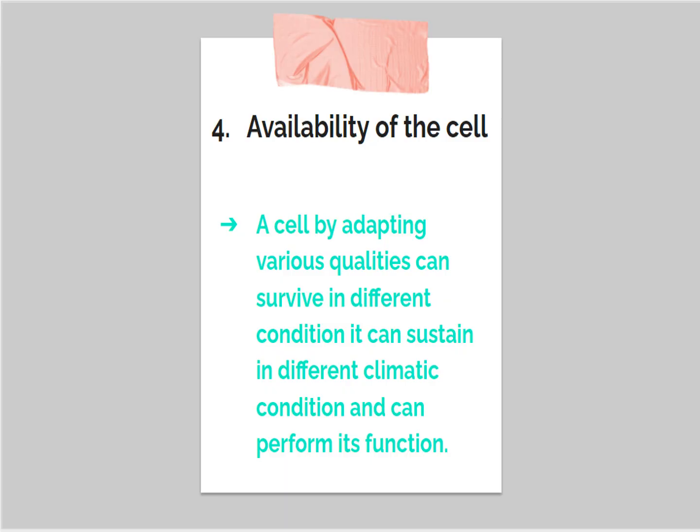So guys, I want to say that a cell, by adapting various qualities, can survive in different conditions. Moreover, it can sustain in a climatic condition and can perform various functions.